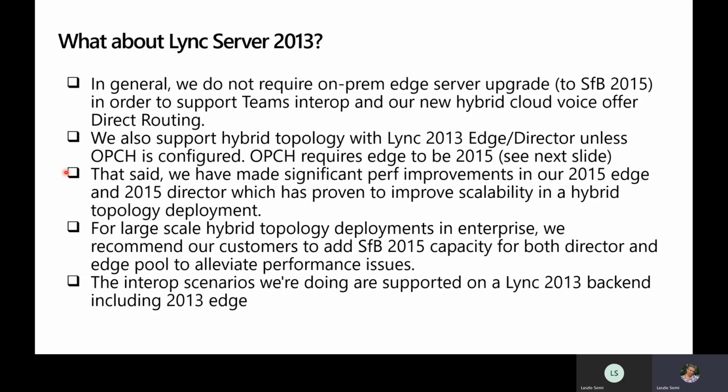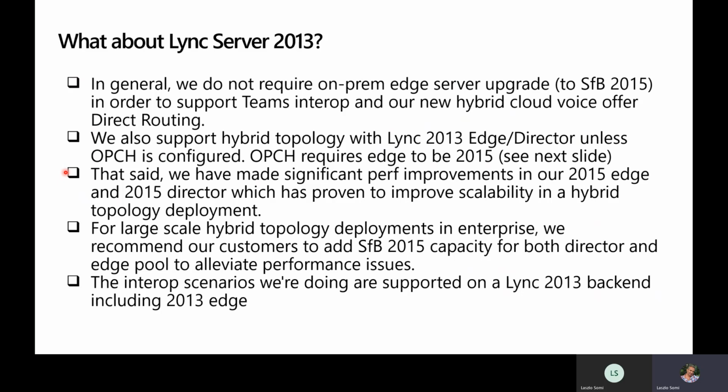All that traffic between these users will go through the Edge topology and this hybrid configuration between online to on premises. So you may benefit from upgrading your Edge topology for this increased traffic during your transition, even though you have not deployed OPCH.